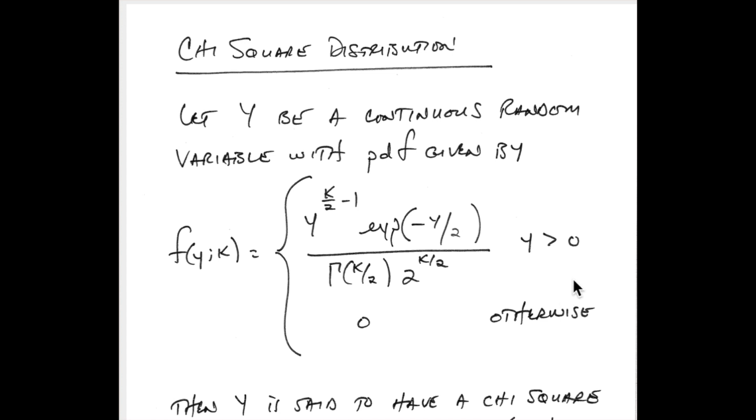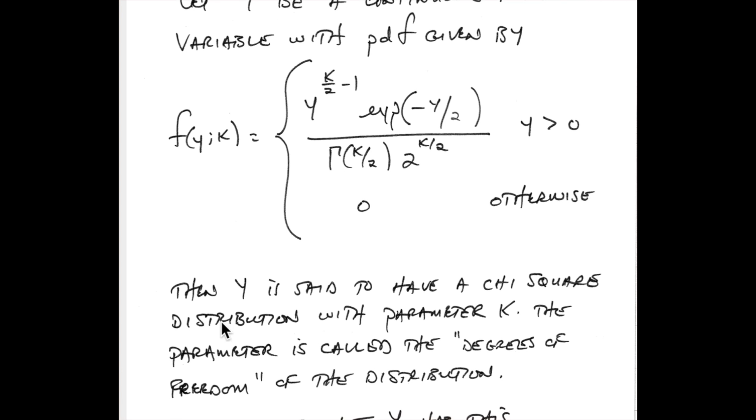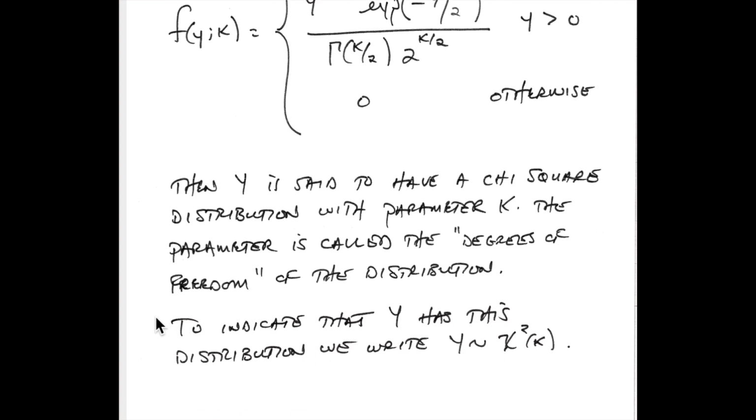For positive values of y, the PDF is equal to y raised to the power k over 2 minus 1 times the exponential function evaluated at negative y over 2, all of that divided by the gamma function evaluated at k over 2 times 2 raised to the k over 2 power. If a continuous random variable has this PDF, then it's said to have a chi-square distribution with parameter k. The parameter k is called the degrees of freedom associated with the distribution.